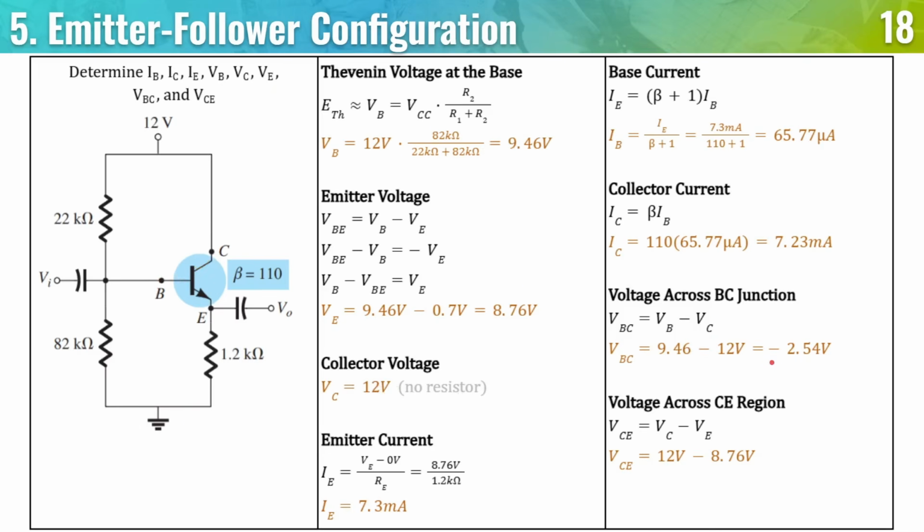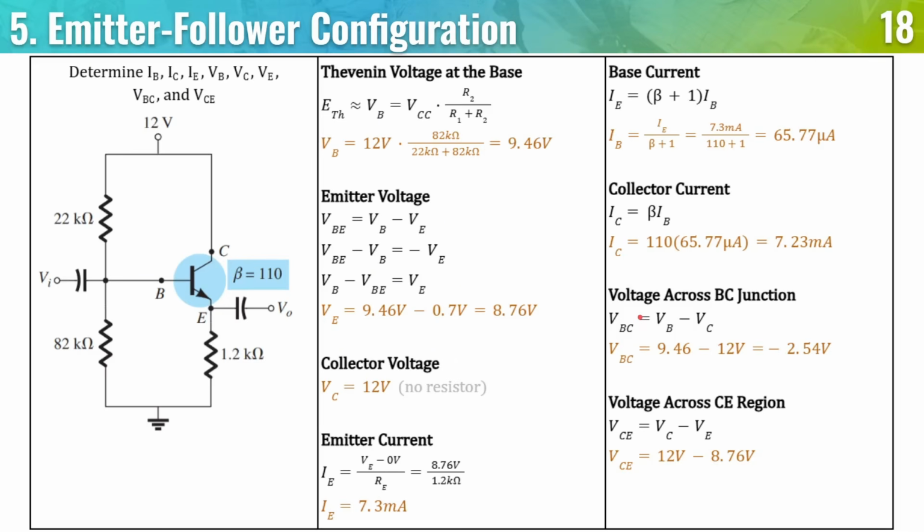As you can see, it is negative 2.54 volts, because using BC is going in the wrong direction of the current when it should be going this way. That's why it is negative 2.54. Make sure to include the negative sign in your final answer because without it, it will be considered wrong.